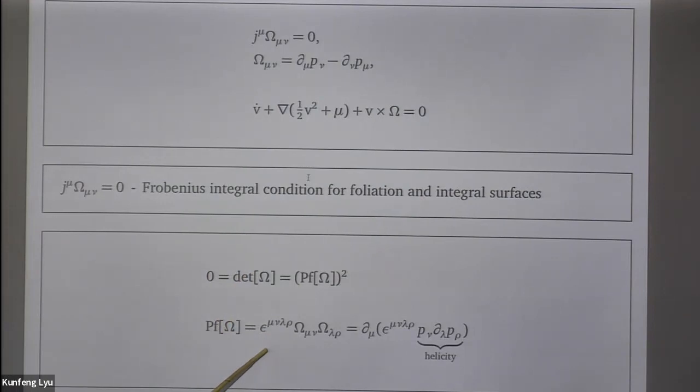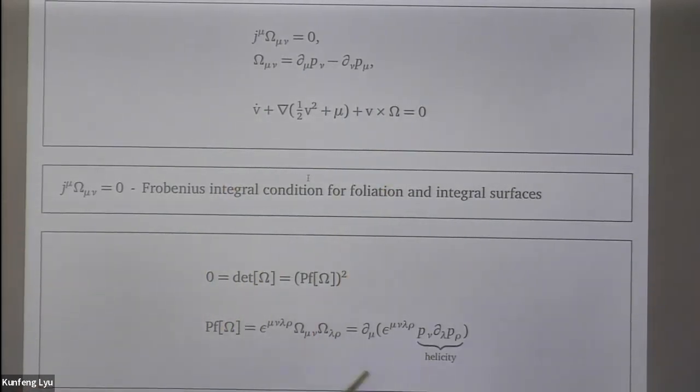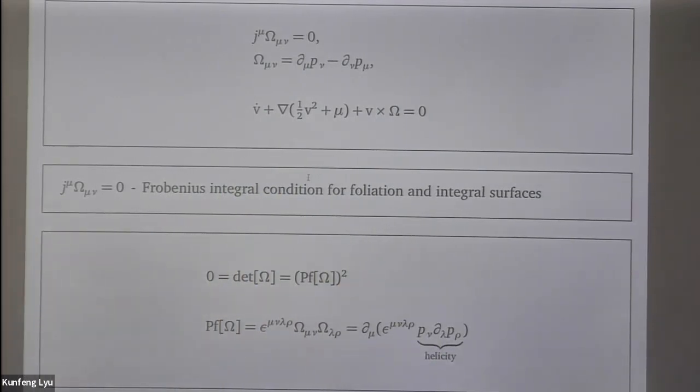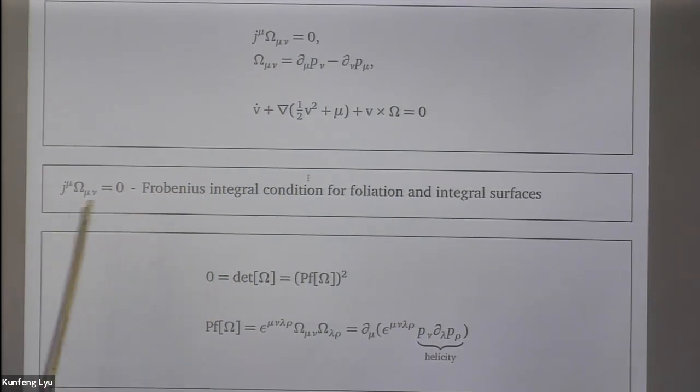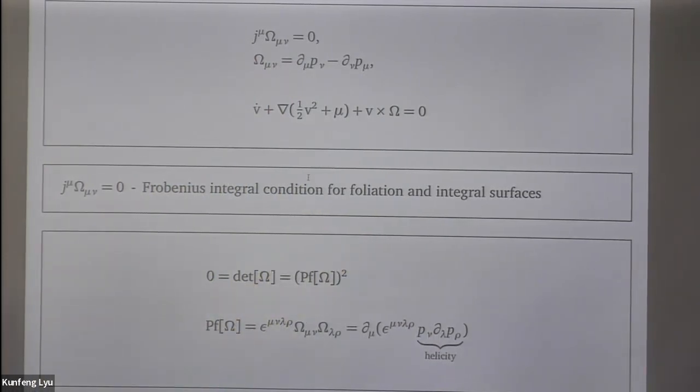On this slide, I derive conservation of helicity starting from the Euler equation, but I don't have time. It's a short slide. It's very compact. The derivation is obtained relatively easily. It could be presented to this audience, but I don't have time for it. This is my Euler equation, and that is how I derived conservation of helicity. It's a beautiful derivation, which belongs to Lichnerowicz, 1914. It is based on the fact that the Euler equation could be written in a form equivalent to the so-called Frobenius condition for foliation.